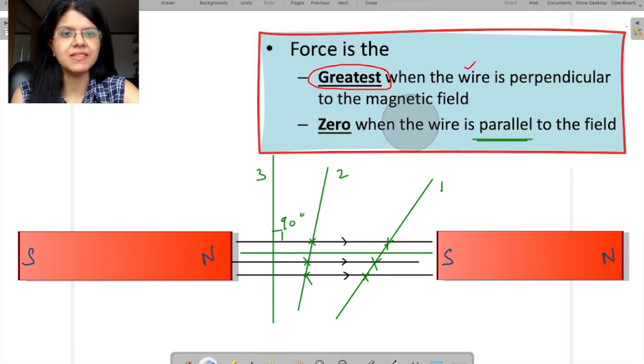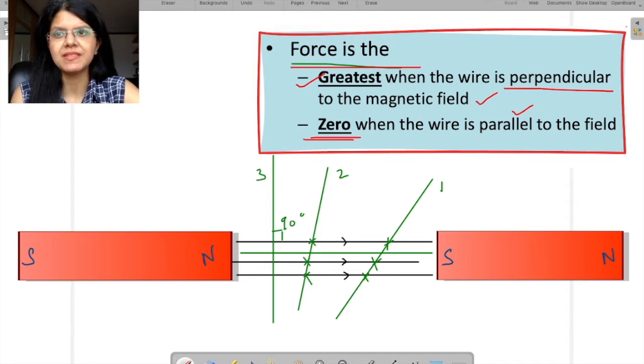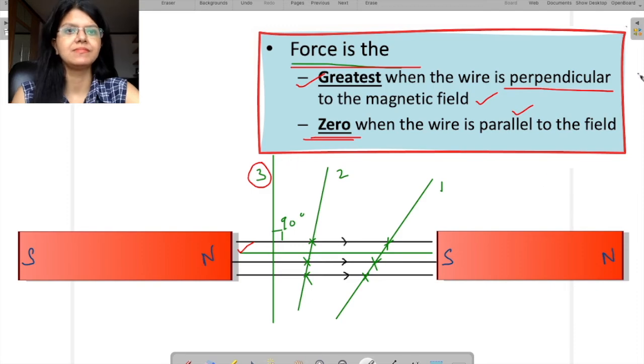This is what these 2 points mean. The force is the greatest when the wire is perpendicular to the magnetic field lines, and it is 0 when the wire is parallel to the magnetic field lines. So this is the scenario where it is perpendicular, and this is the scenario where the wire is parallel. 0 force, parallel, perpendicular, the greatest force.